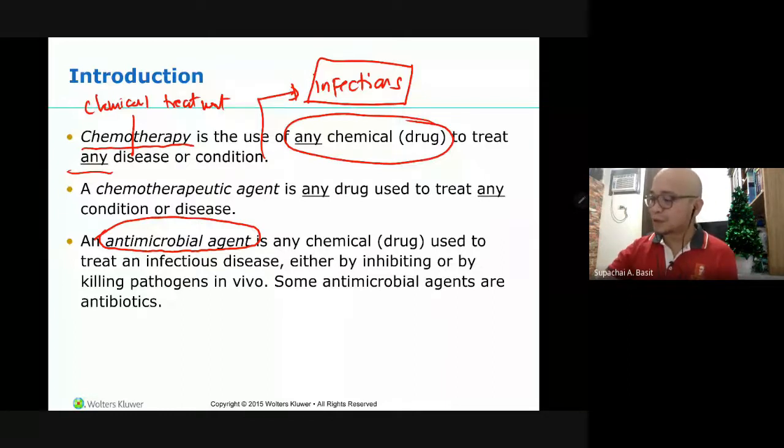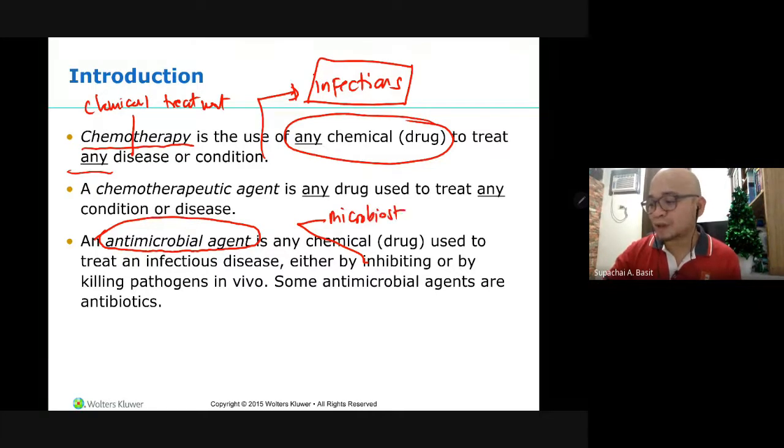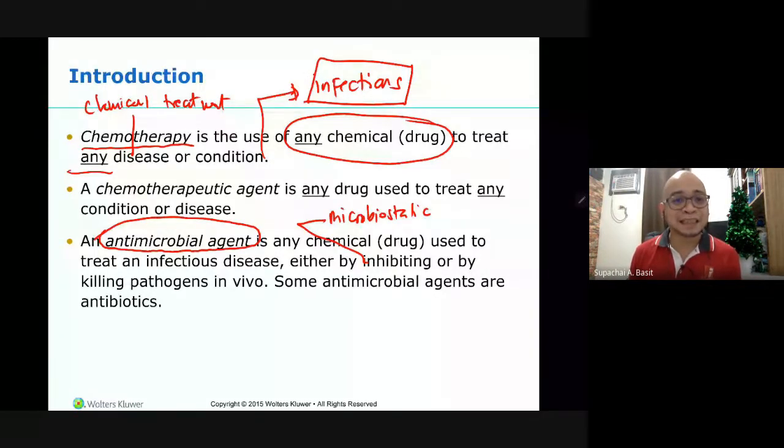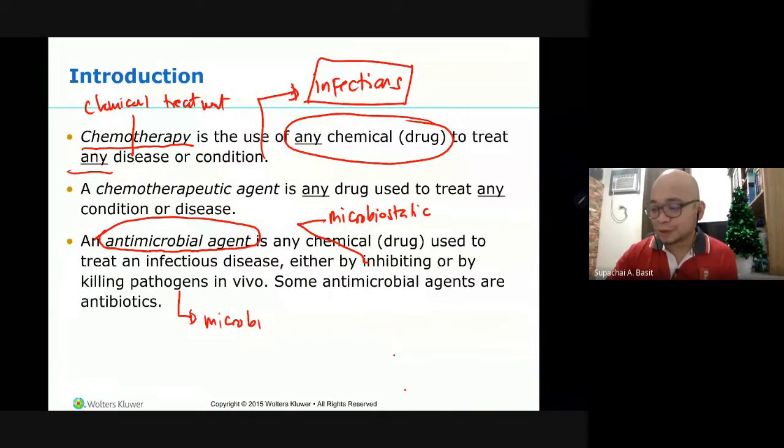When you say inhibiting, the effect is just microbiostatic, which means that you are just stopping the growth of the microorganisms. But if a certain antimicrobial agent can kill in vivo, then that effect is said to be microbicidal.